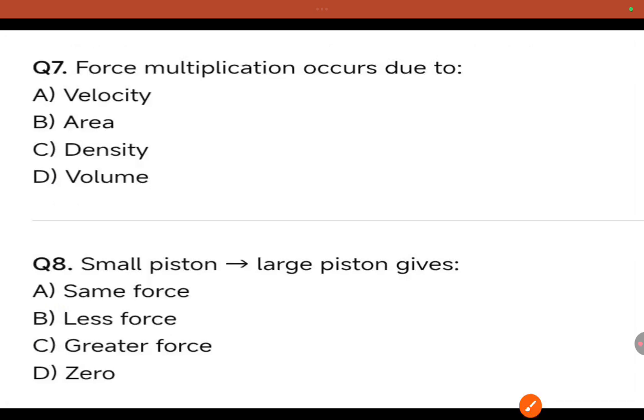Force multiplication occurs due to what? Come on, tell me. Force multiplication occurs due to what? Velocity? Come on, make it fast. This is your day only. Occurs due to which condition?